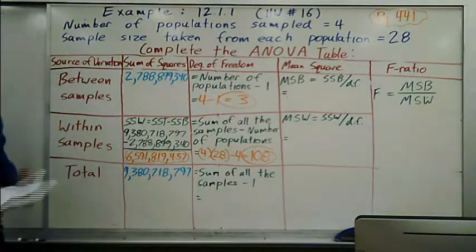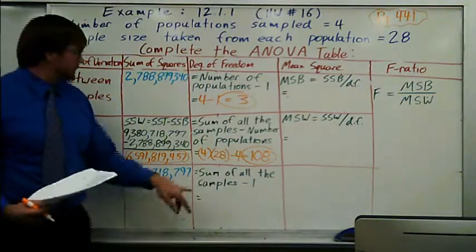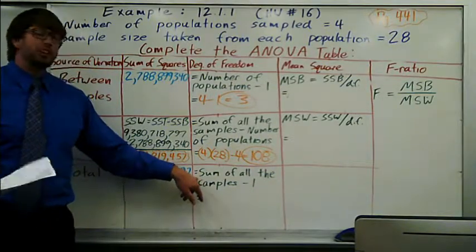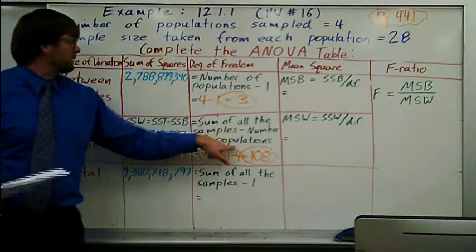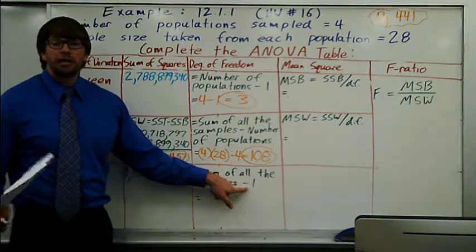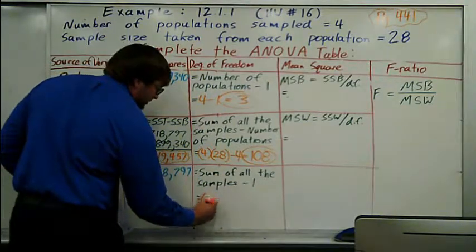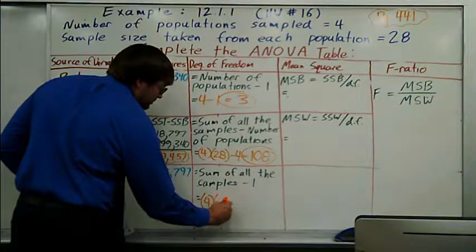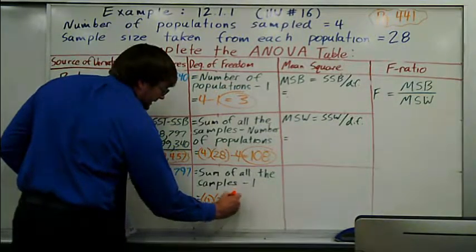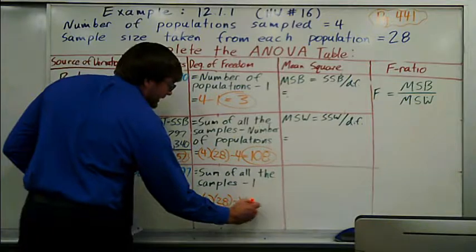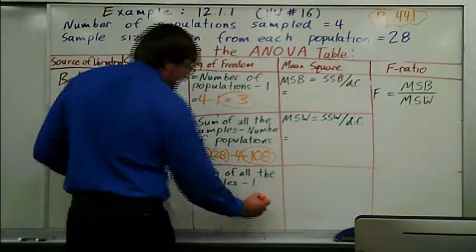Then finally, for the total degrees of freedom, it's again the sum of all the samples, but instead of subtracting out the number of populations, it's just subtract 1. So 4 multiplied by 28, and then subtract 1, and you end up with 111 there.